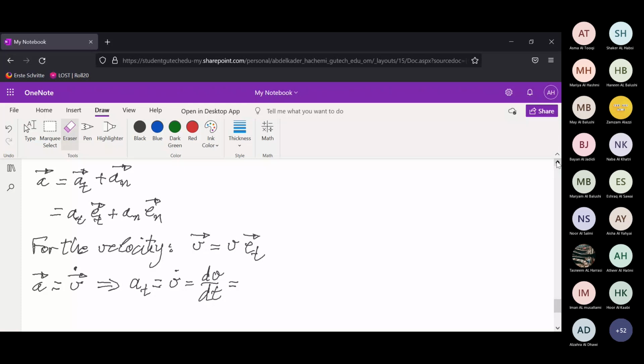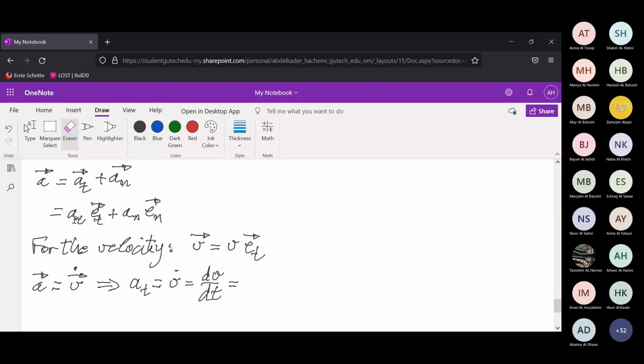And if we look at the acceleration, it has a projection of the magnitude in the tangential direction and one component which is the normal one. That means this component is normal to this one. It makes an angle of 90 degrees.